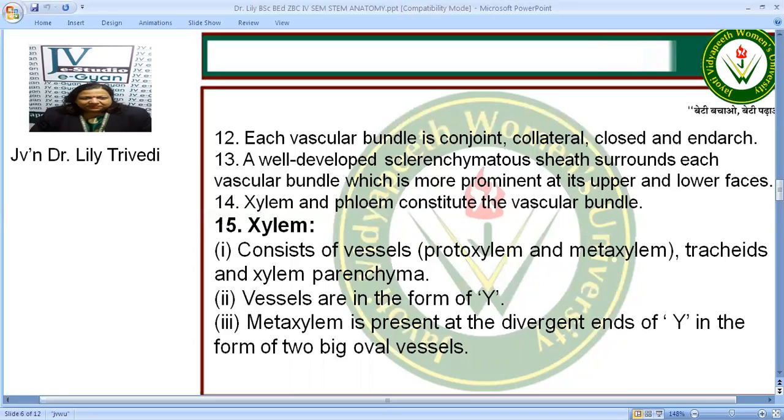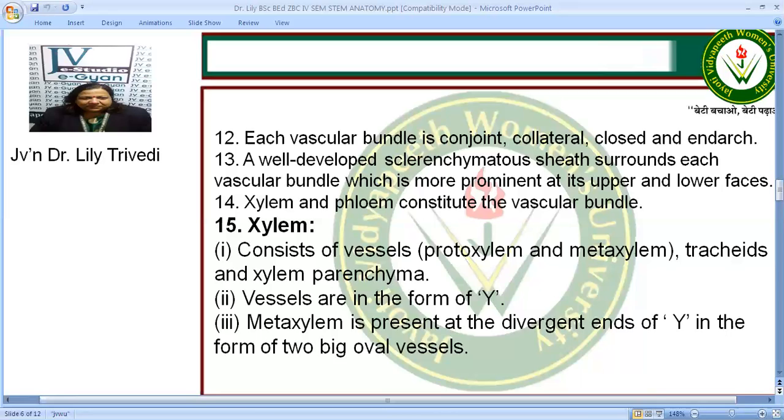A well-developed sclerenchymatous sheath surrounds the vascular bundle, and xylem and phloem are the parts of the vascular bundle. Xylem consists of protoxylem and metaxylem vessels, tracheids and xylem parenchyma. A characteristic feature of the vessels is that they are arranged in a Y shape.